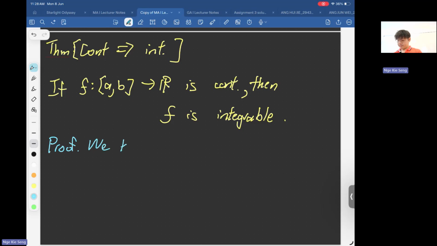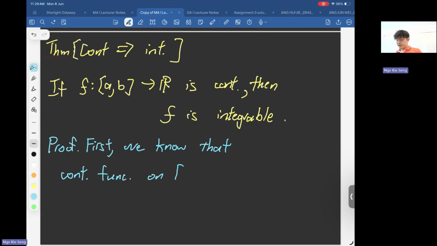We know that a continuous function on a closed interval implies that f is bounded. This is by the extreme value theorem.